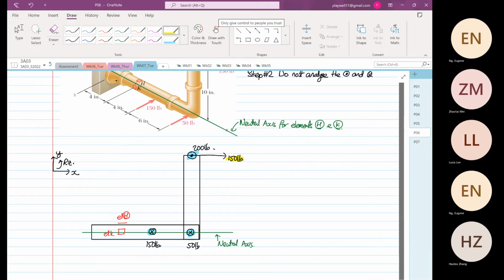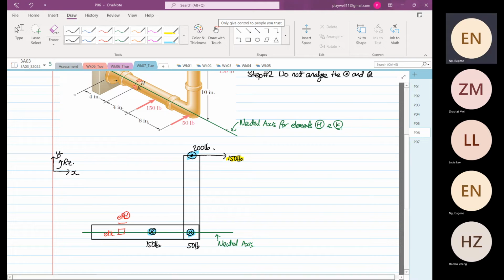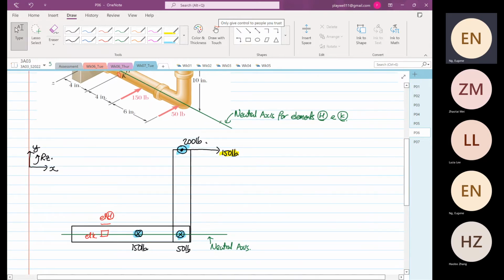Okay, so the 150 pounds, what is it going to do? The 150 pounds will induce two things. It will induce a P in the x direction that is equal to 150 pounds.